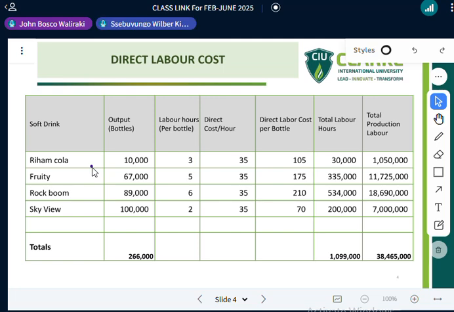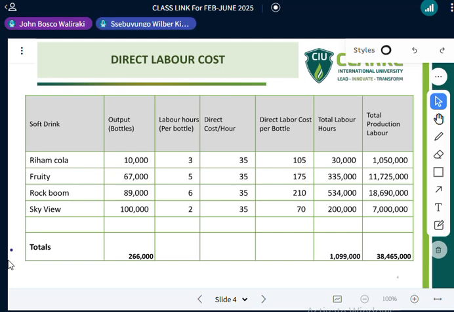So direct labor is what we are dealing with, given that we have already seen the material costs given to us. Now we have labor hours, and we want to get the direct labor per hour.